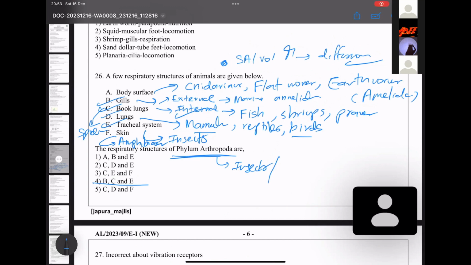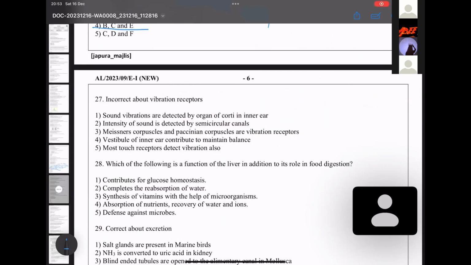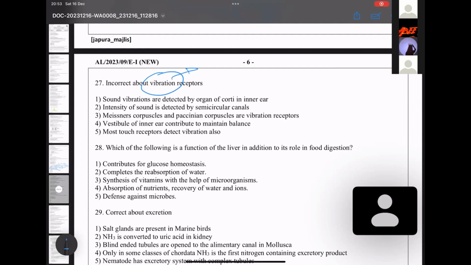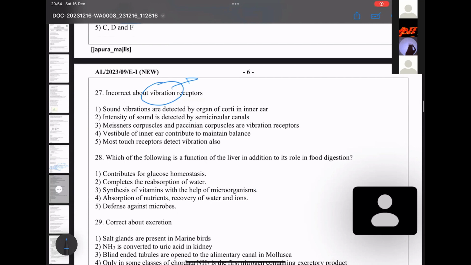Question number 27. When they ask about vibration receptors, it is mostly about the ear. These vibration receptors are also called mechanoreceptors. There are several types of receptors.